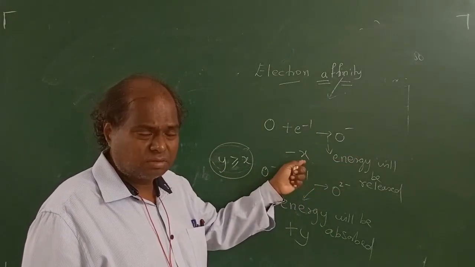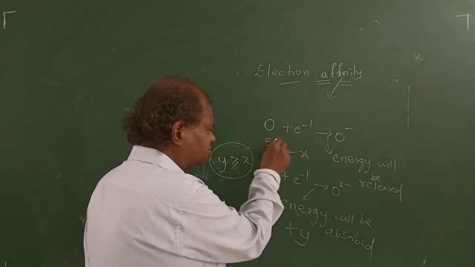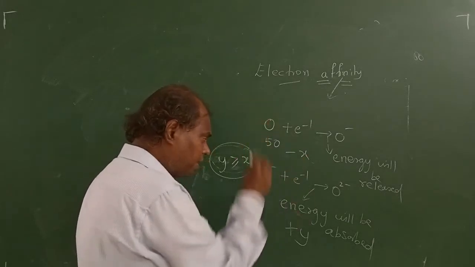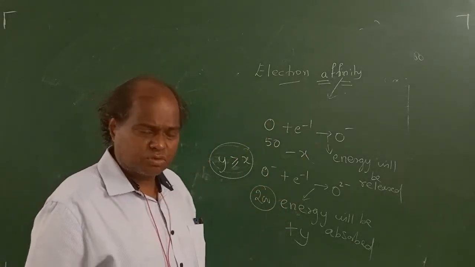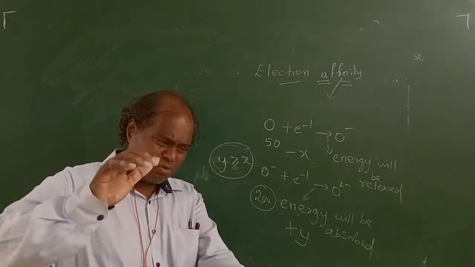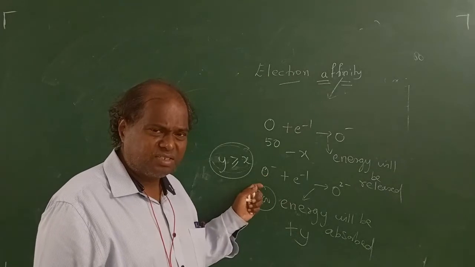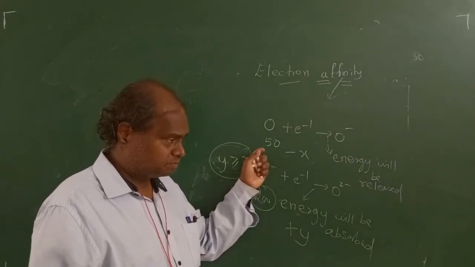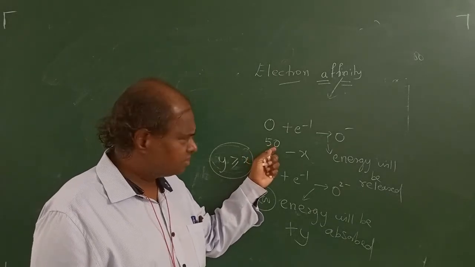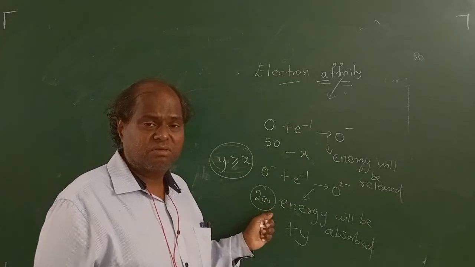I'll give an example now. Suppose energy released is like 50, but you have to supply 200. So that means you really have to force the electron into oxygen. Not that easy. You're getting a benefit of 50, this much energy comes out, right? But you have to spend so much.